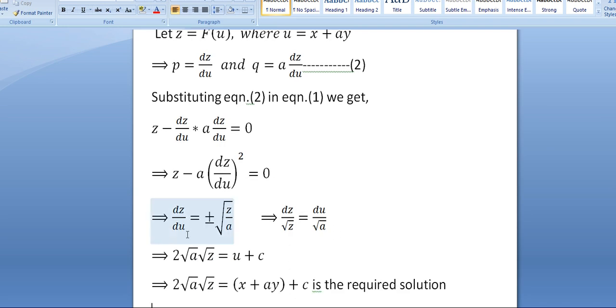So dz by du can be written as plus or minus square root of z by a. Separating the variables, I'll get dz by root z is equal to du by root a. I'll transfer root a also to the other side, and the integration of 1 by root z is 2 root z. I'll write 2 root z into root a is equal to u plus c. So replace u by x plus ay, plus c, will become the solution.